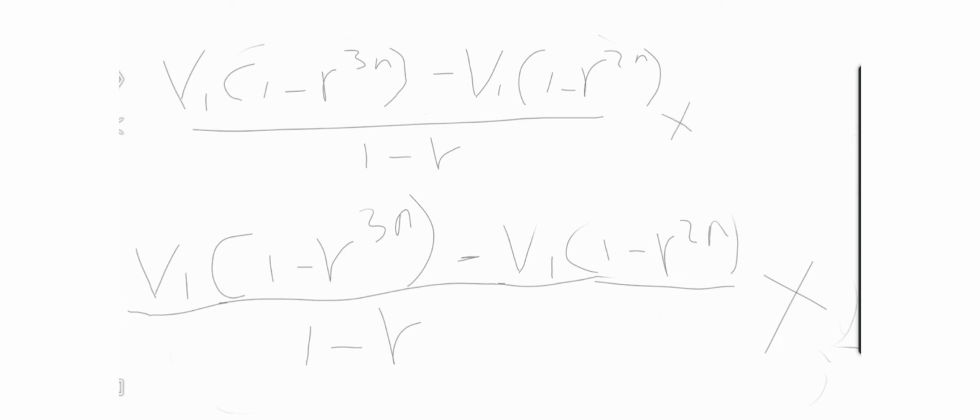Okay, times (1 minus R) divided by V1 into bracket (1 minus R raised to power 2N), over V1 into bracket (1 minus R raised to power N), close the bracket.